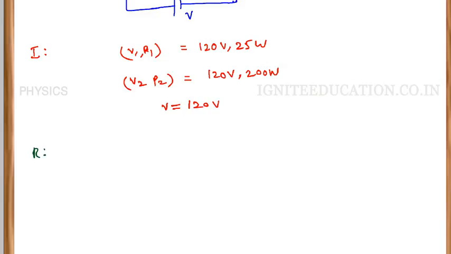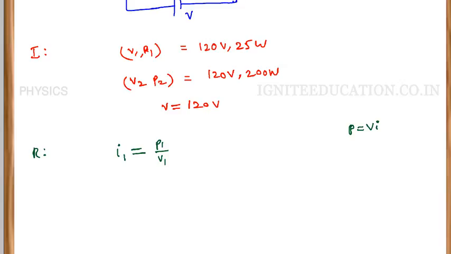So first of all, to know which bulb is burnt out, we need to find the current that it can sustain. For I1, the current sustainable by the first resistor, I1 is equal to P1 by V1, because power P is equal to VI.